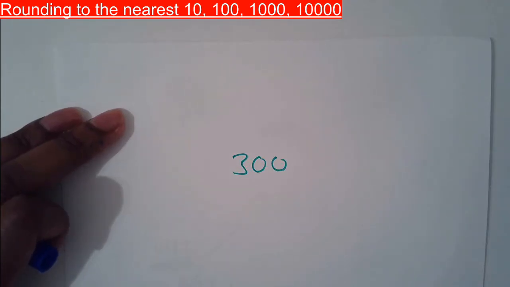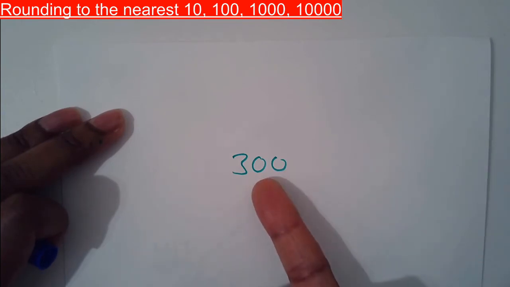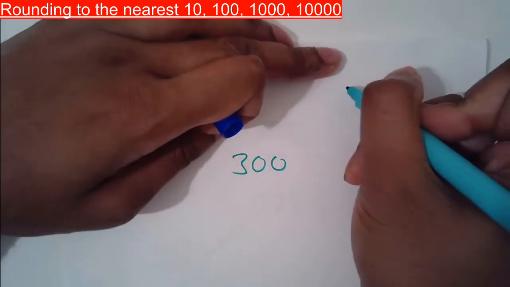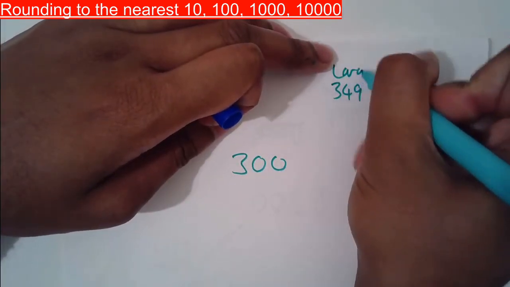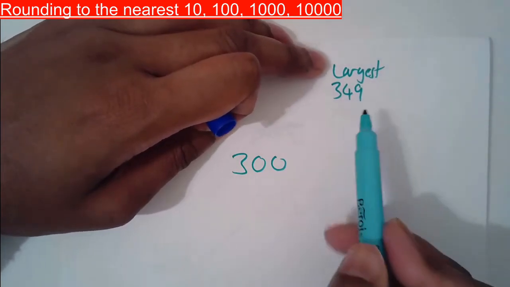Right, I want to find the largest whole number, which when rounded to the nearest 100 will give me 300 as an answer. That largest number happens to be 349. Think about it.